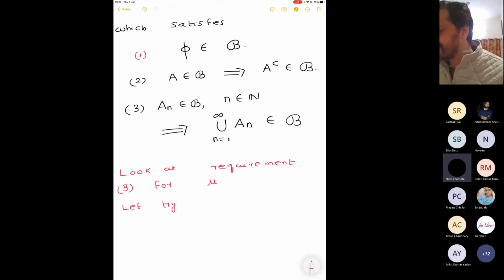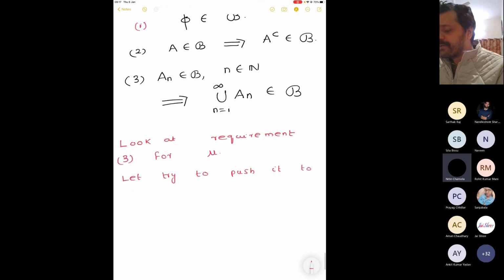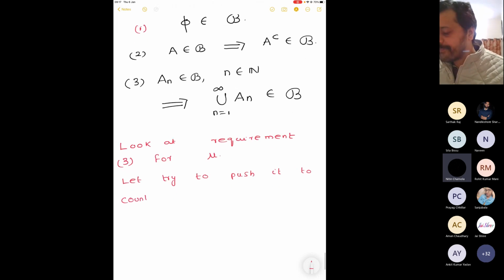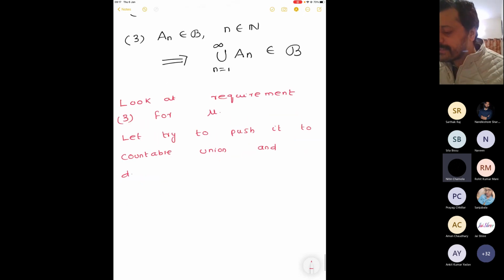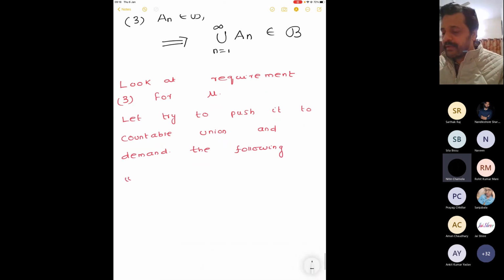Let us try to push it to countable union and demand the following. So what I am going to demand is this for the time being. Then we will see why this demand and so on.